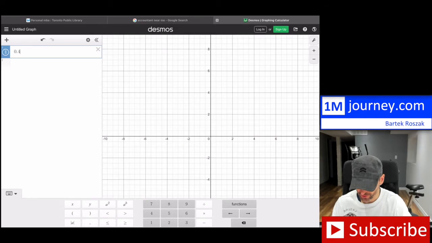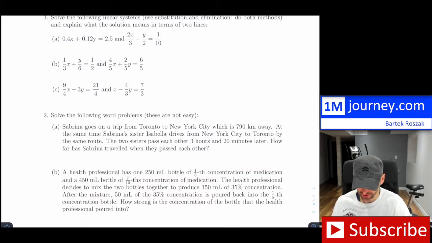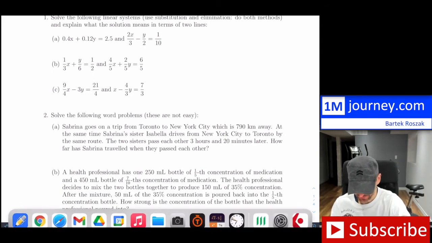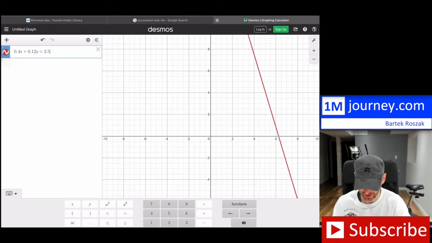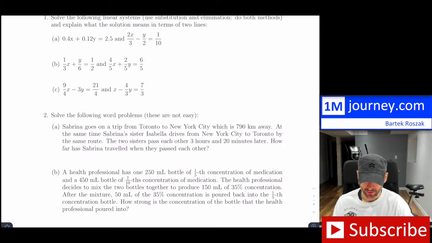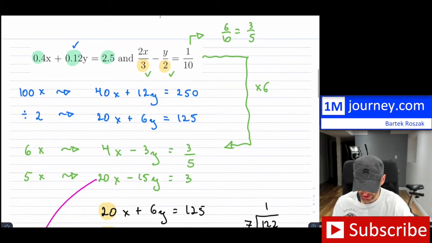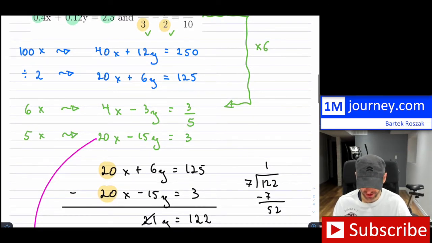So it was 0.4x plus 0.12y equals 2.5. So that's our first line, and then our second line that we had was 4x minus 3y.